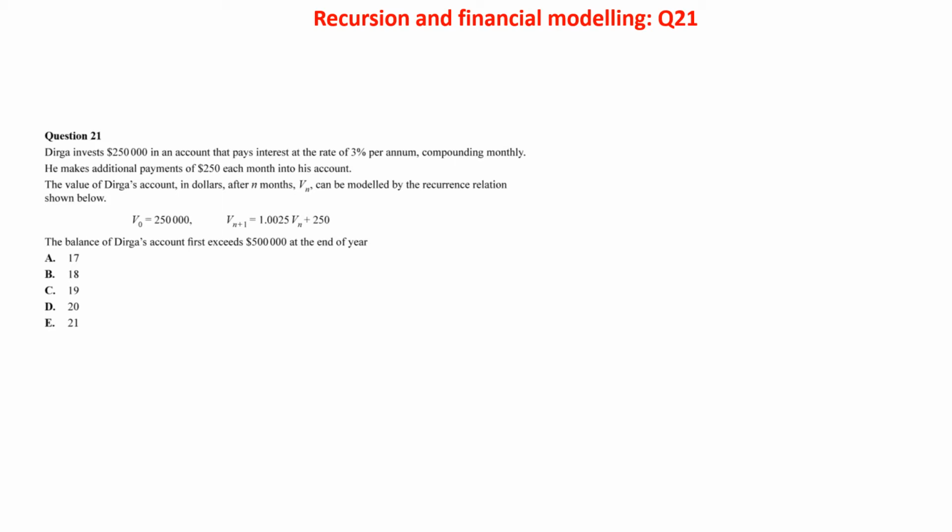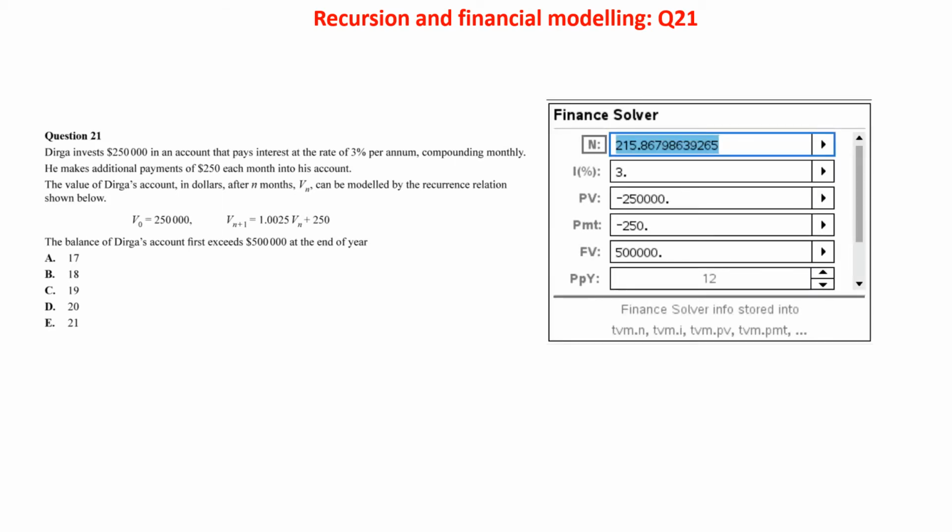I think the easiest way, even though it's asking about a recurrence, is to use Finance Solver, because that makes your life a little easier. How you would do that is your 3% goes in there. Because you're investing, putting the money in, the principal value is going to be the minus in front of the 250,000.